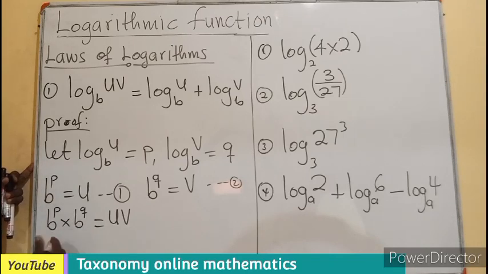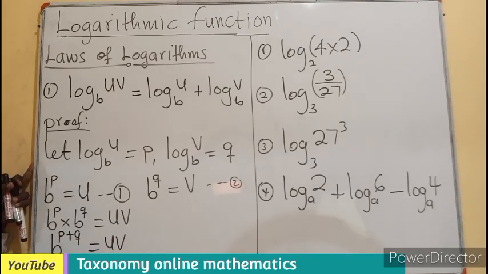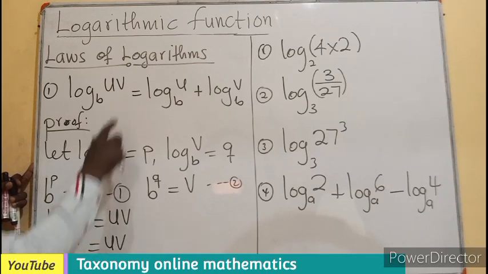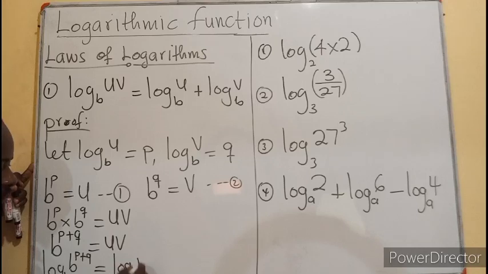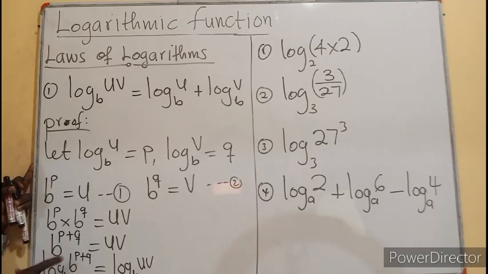Going back to indices, the bases are the same, so b exponent p plus q equals uv. Now we take the logarithm of both sides, with base b: log base b of b exponent p plus q equals the logarithm base b of uv. I'm taking all to the same base so that we can deal with the b.